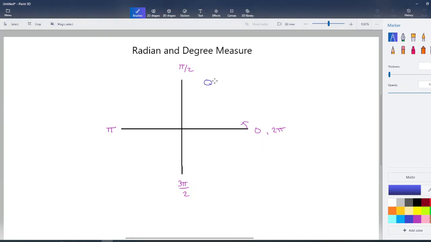So remember, this is quadrant 1, this one is quadrant 2, this one is quadrant 3, and this one is quadrant 4. Okay, so we're going to look at an example of deciding where in the quadrants these angles would actually fall, looking at some angles given in radian measure.